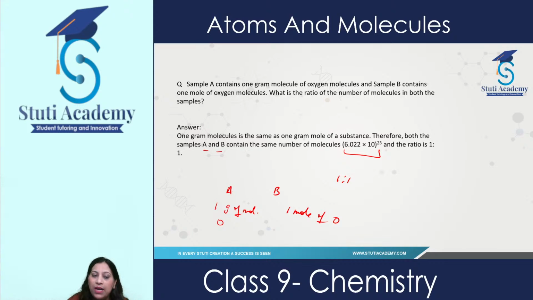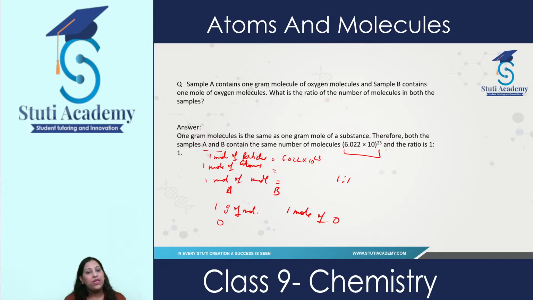Because as we know, 1 mole of atoms, 1 mole of molecules or 1 mole of particles, in all the cases, is equivalent to Avogadro's number. That's why in both the samples, whether it is A or B, it is equivalent to Avogadro's number.